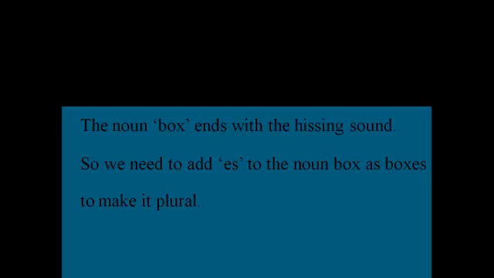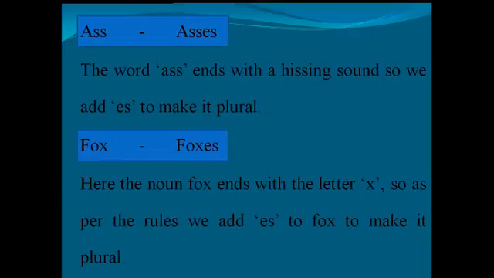Hope you would have understood the difference between the two. The next I am discussing is the word box. Box becomes boxes in plural. When you pronounce the word box, it ends with a hissing sound. So you will have to add ES to the noun box as boxes to make it into plural.